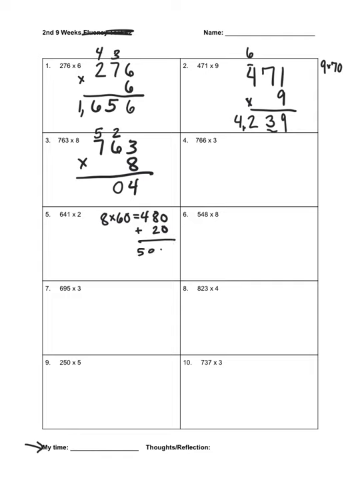And that gave me 500. So that's why I have a 0 here, and I'm carrying this 5, which is really 5 groups of 100. That needs to go in my hundreds place. 8 times 7 is 56. Plus 5 gives me 61. So that's 6,104.